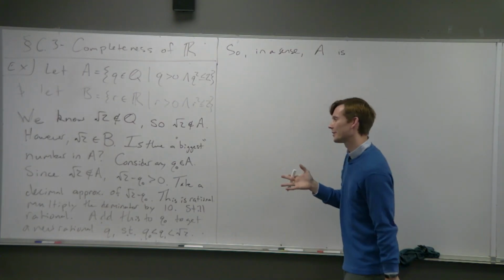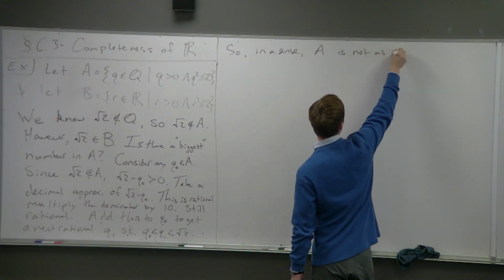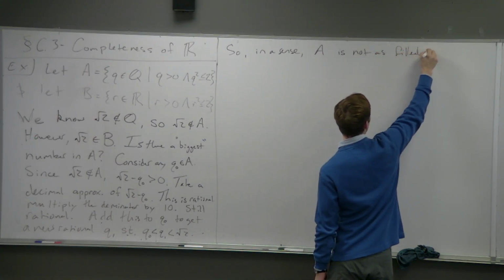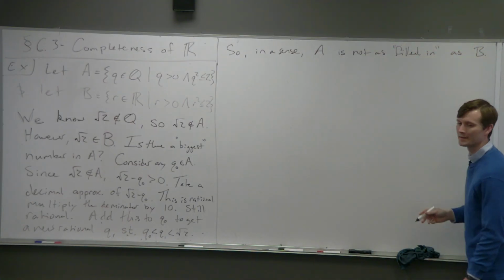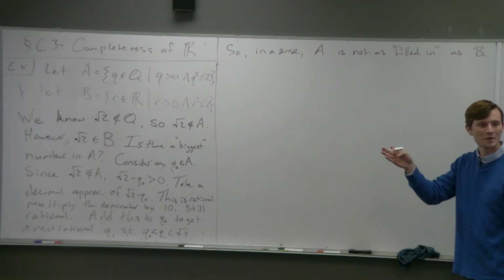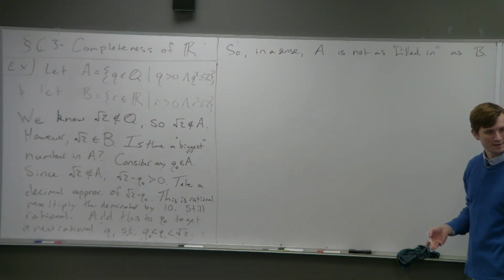A is, I'll say, not as filled in as B. That is, you have a sequence of stuff that gets really, really close to square root of 2, but you never actually get square root of 2, right? You're missing a part.